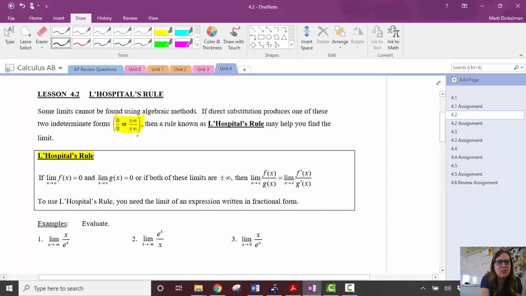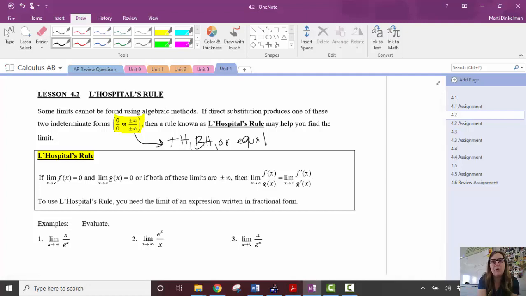What I would like to mention is that for infinity over infinity, I tend to like to do top heavy, bottom heavy, or equal instead of doing L'Hopital's rule, just because it seems easier. I can just look at it and decide what the answer is. L'Hopital's rule will prove that we're right.